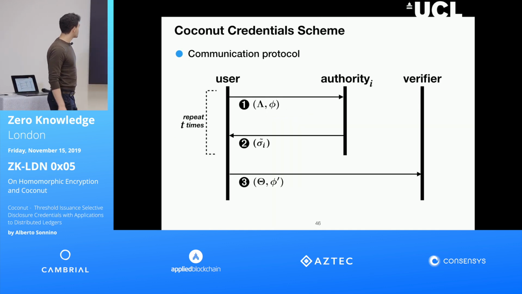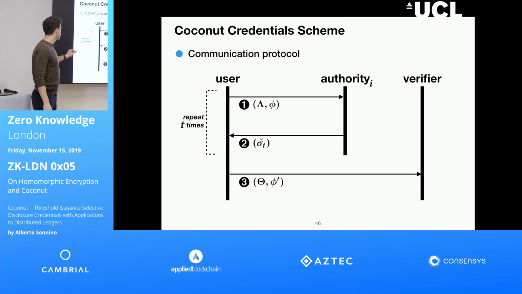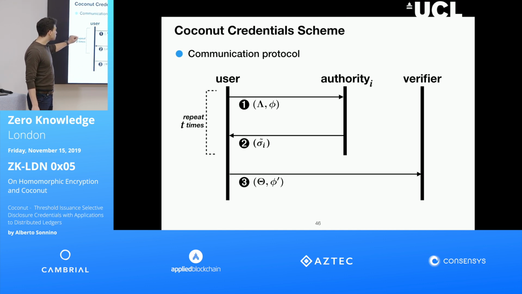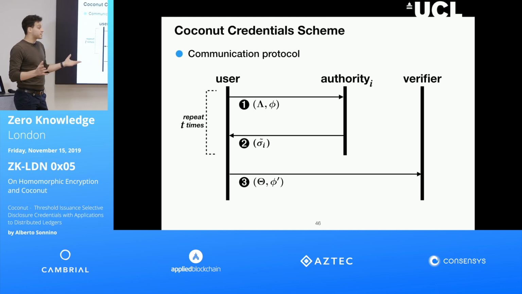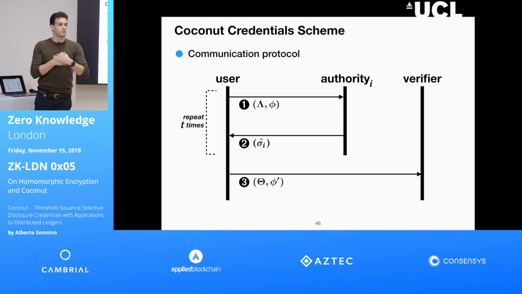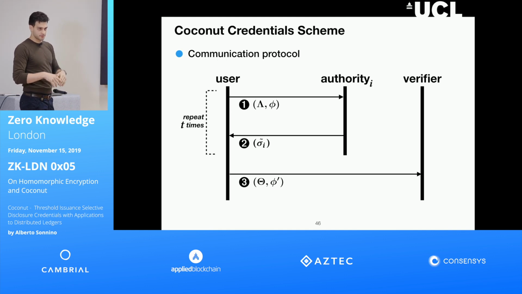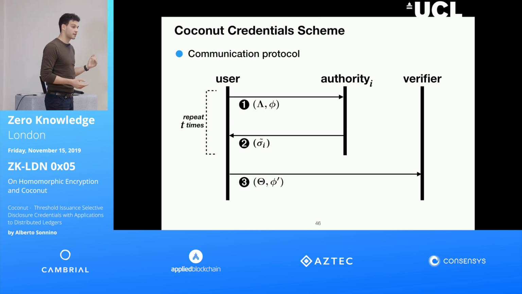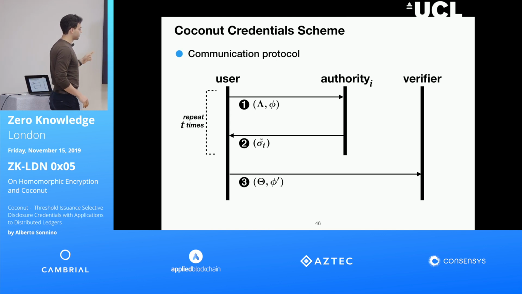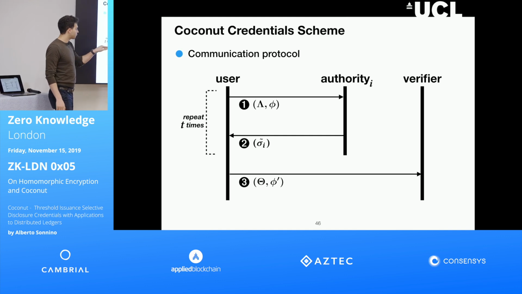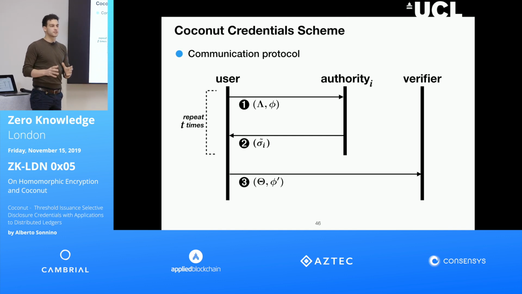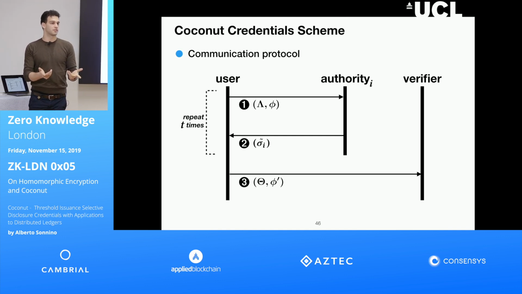The communication protocol is not very complicated. The user, to get its credentials, generates some cryptographic elements, lambda, and potentially predicates that the attributes inside lambda satisfy, and sends them to authority i. Authority i sends back a piece of blinded credential.